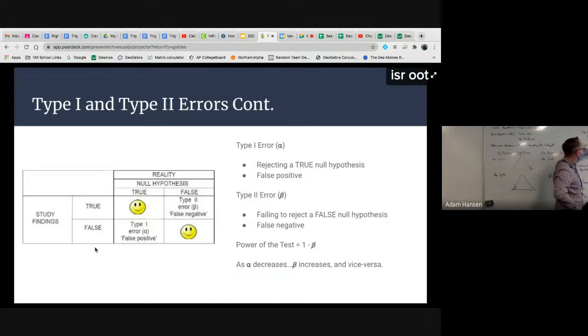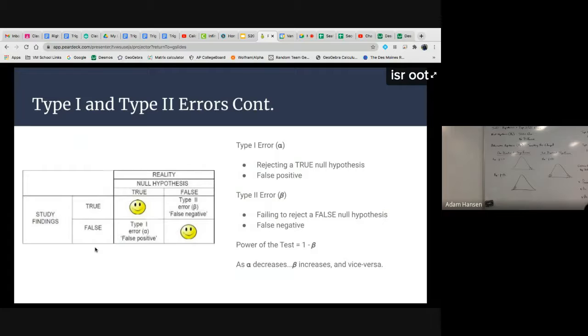In reality, either the null hypothesis is true or the null hypothesis is actually false. Hopefully, you line up right. You say that the null hypothesis is true when in reality it actually is. Good, you did a good job. Your hypothesis test is correct. Or you reject the null hypothesis correctly when it's actually false. Good job. Your hypothesis test worked well.